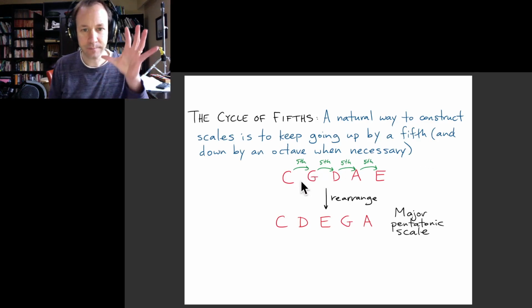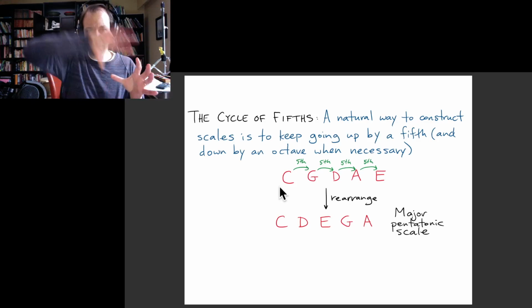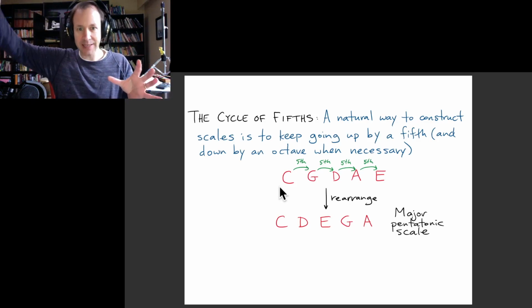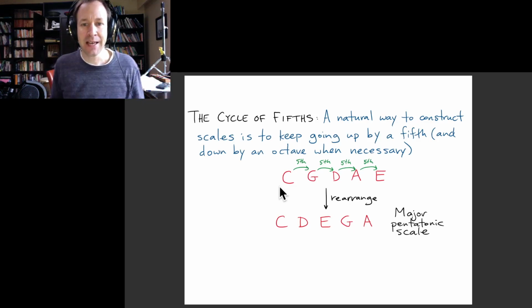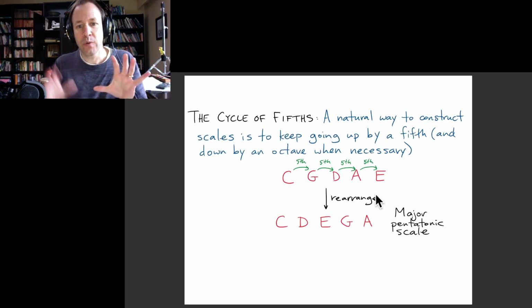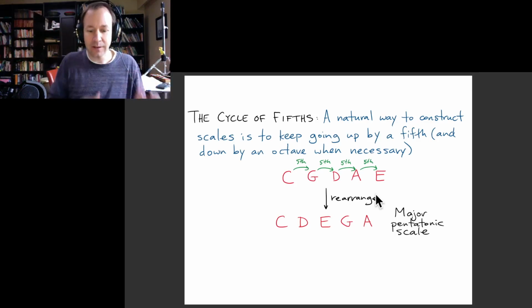For example, if I start from C, I would get up to G, and then D, and then A, and then E. And what we can do then is to take those down so that they're all in the same octave.